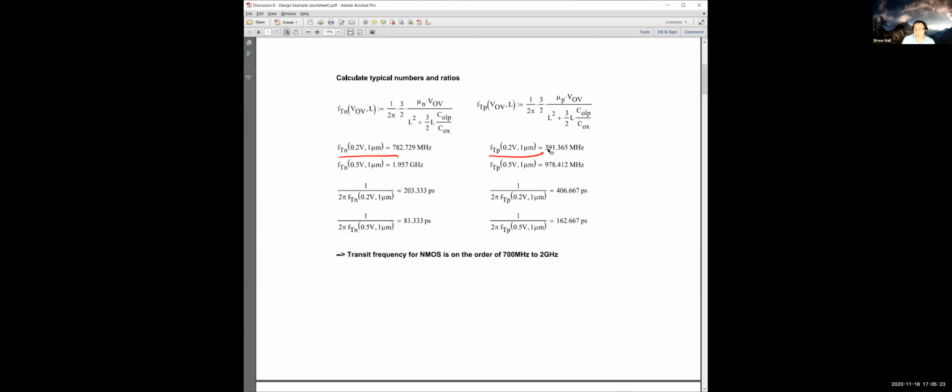And so if I gave you the option to design this circuit from scratch, i.e. pick your own architecture, this is definitely something you would think about. Do I want my input stage, for example, to be N or P? And it would likely come down to this exact difference here.